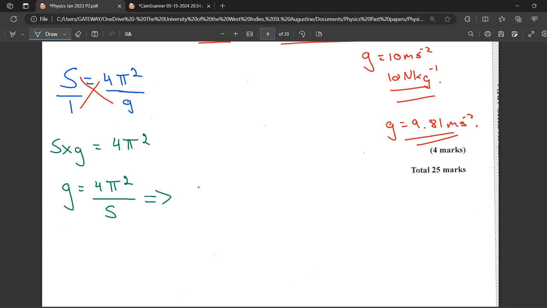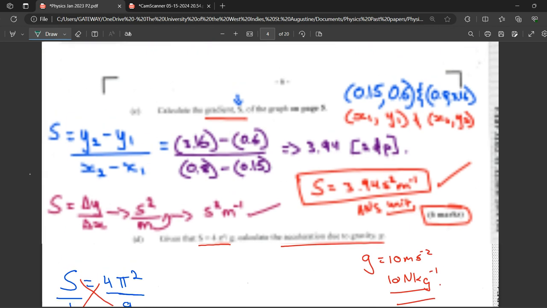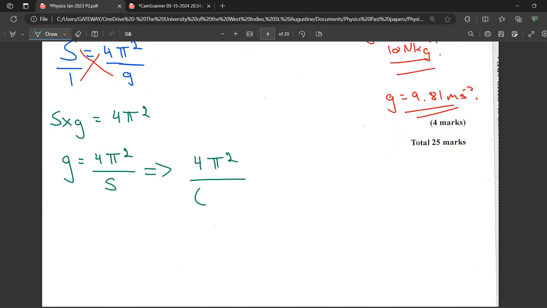So now you just substitute that. So you write 4 pi squared all over s. But what is s? We get s to be 3.94. Remember, we could just put in units there one time. It was s to the power of 2 m to the power of minus 1.